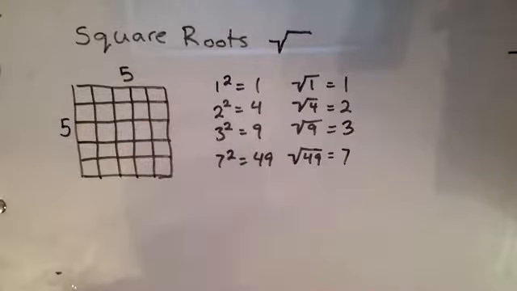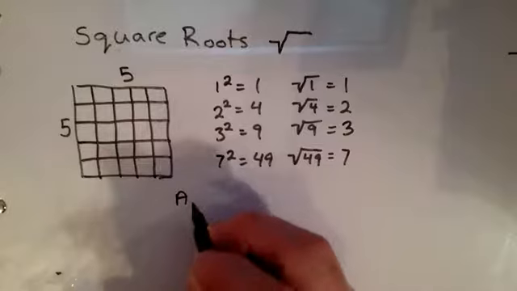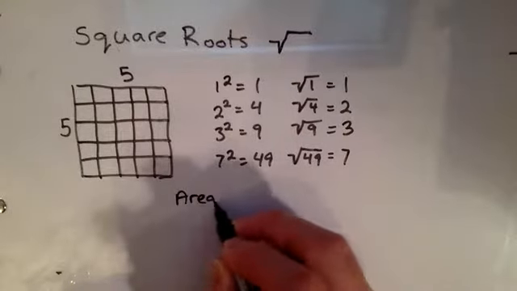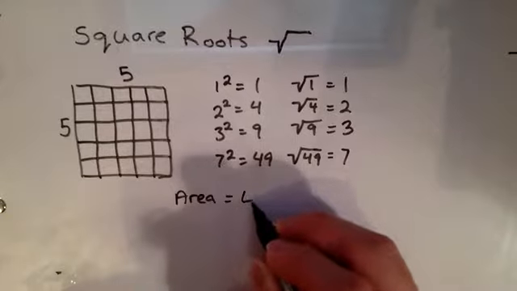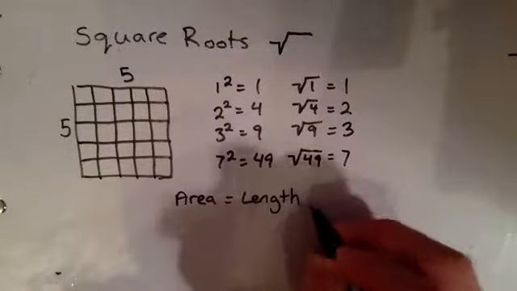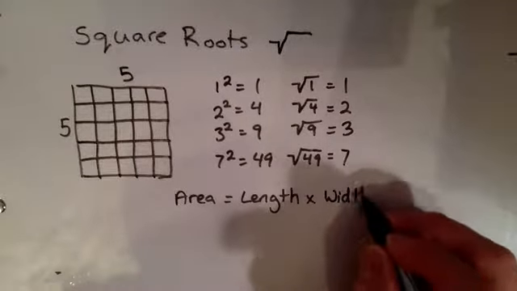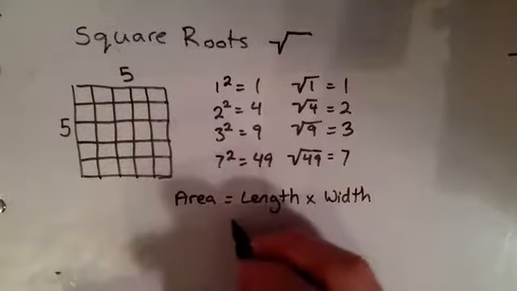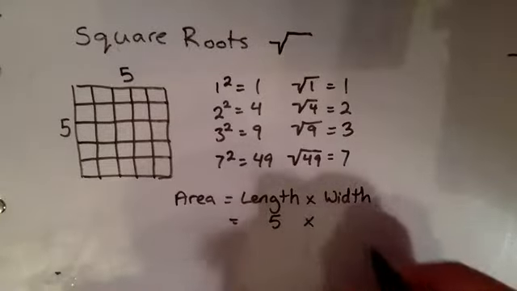Now, if you remember a little bit of geometry, if I was looking for the area of this square, I would know that the area of any rectangular object is equal to the length times the width. So in this case, the area would be equal to 5 times 5.